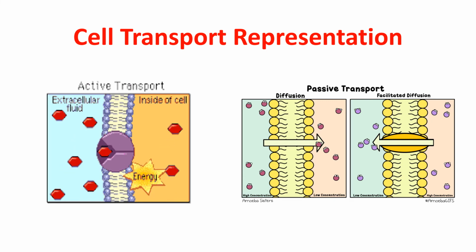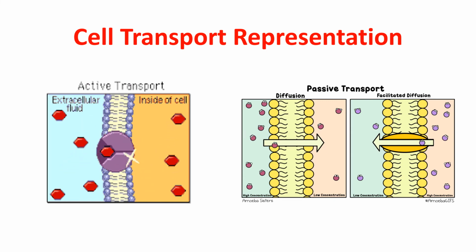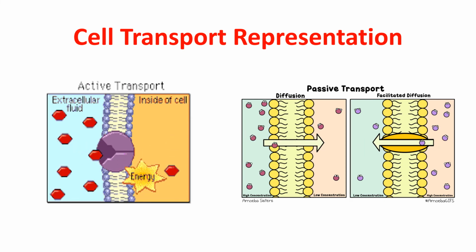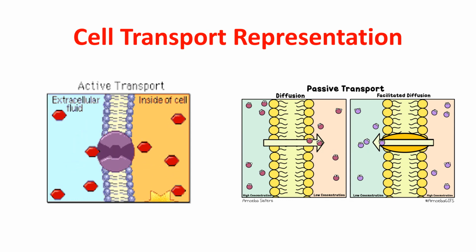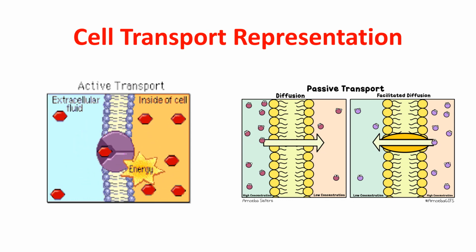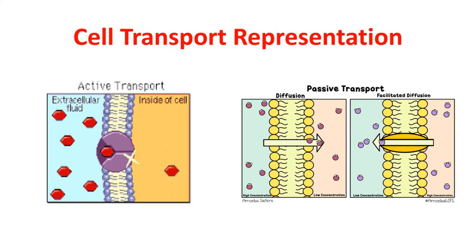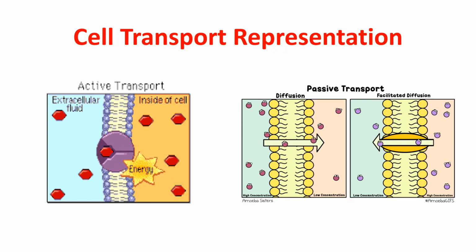But in the intracellular fluid, the concentration of potassium ions is more than the concentration of sodium ions. Similarly, the concentrations of phosphates and proteins are more in the intracellular fluid. Meanwhile, the concentration of chlorides is more in the extracellular fluid.